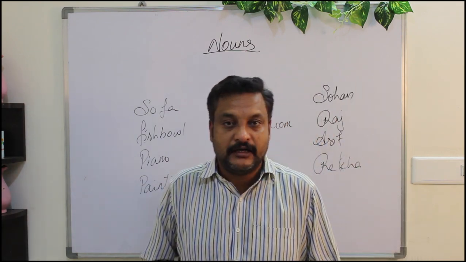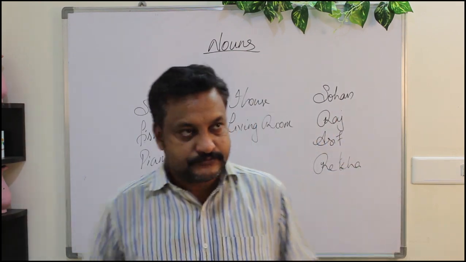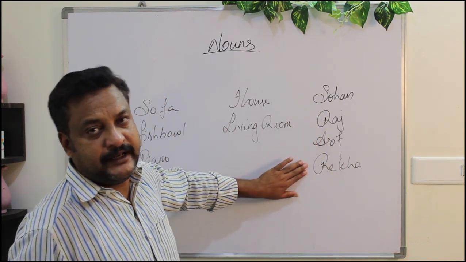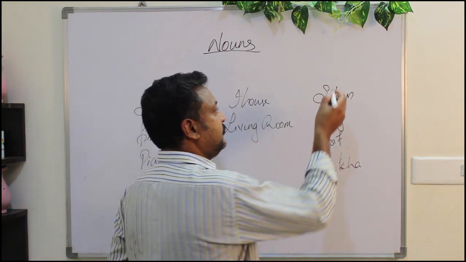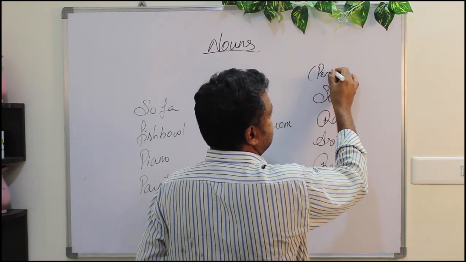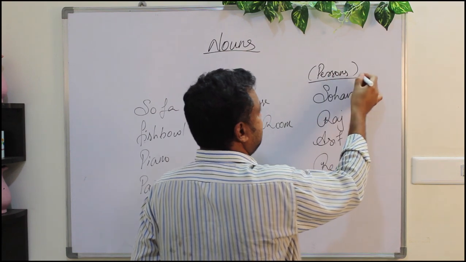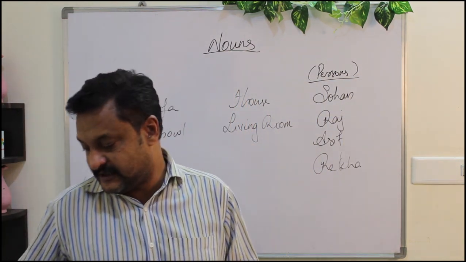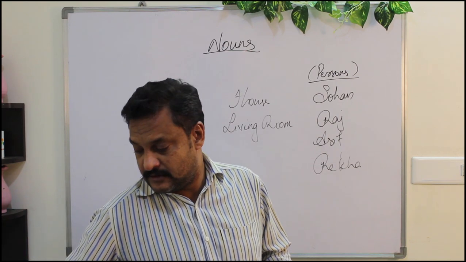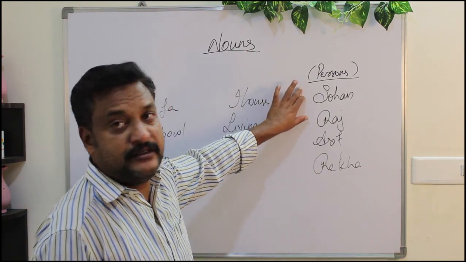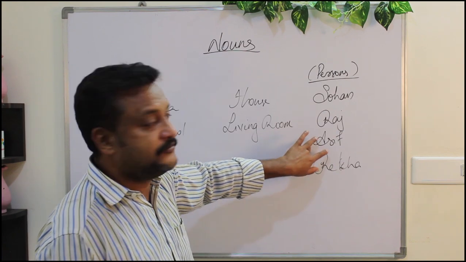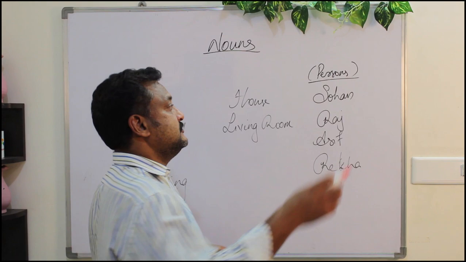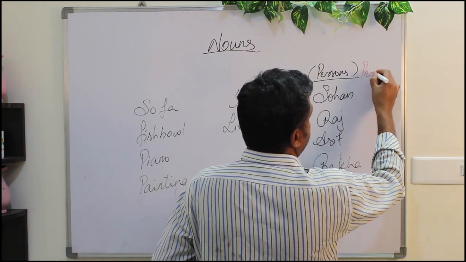In the lesson I and My Home, Sohan, Raj, Asif, Rekha are all names of persons, means people.